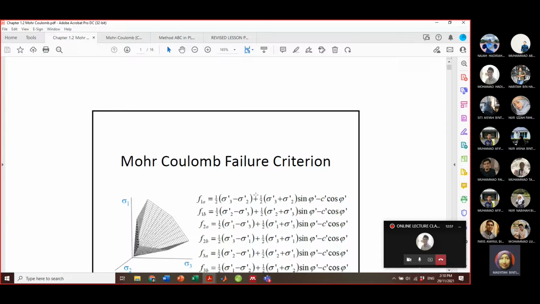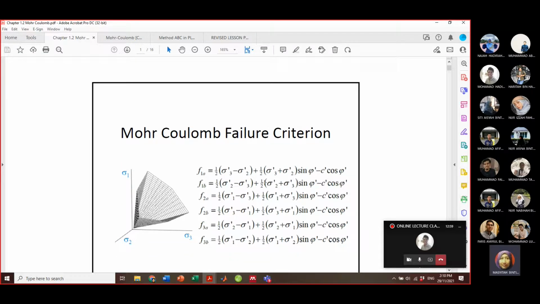And then the Mohr-Coulomb failure criterion, where F represents the yield criterion. So you may see that these three axes represent the stress point for the material: the major principal stress, intermediate principal stress, and minor principal stress, sigma 1, sigma 2, and sigma 3.